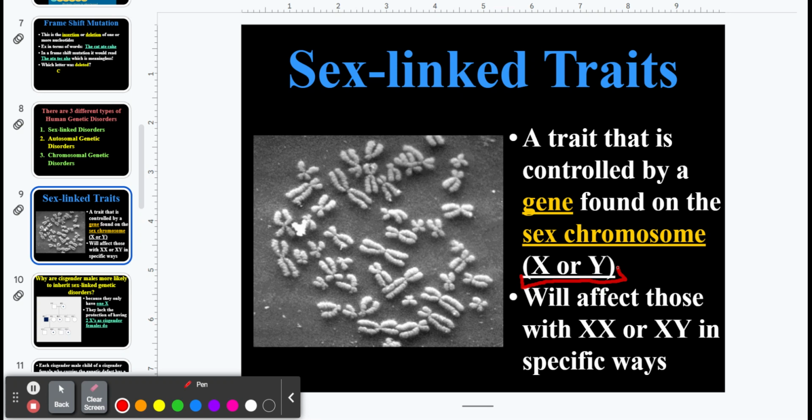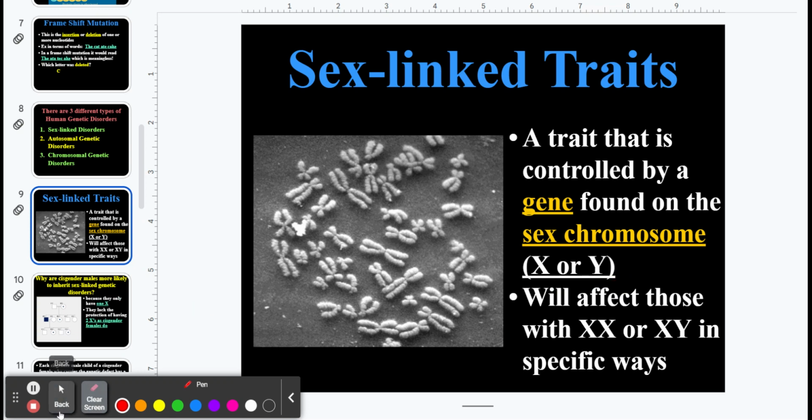Because we get different amounts depending on the sex of the individual, that will determine whether the individual is going to be a carrier, or whether the trait is actually present and that individual will notice it in terms of some kind of change in their body, or if not. So those are things to keep in mind.